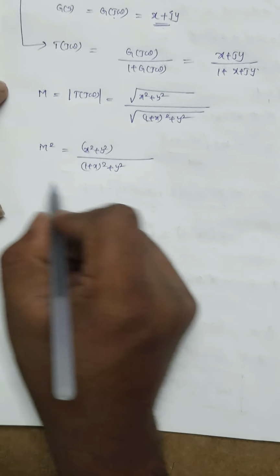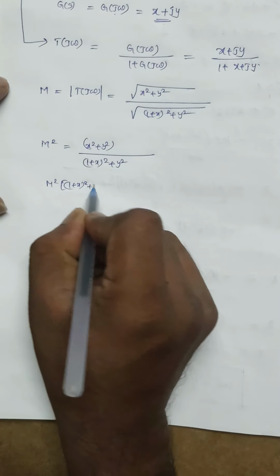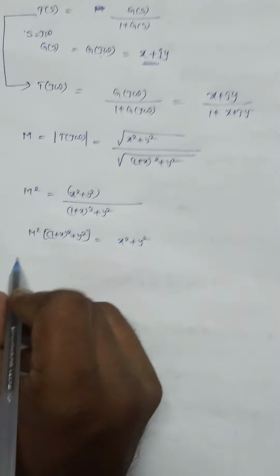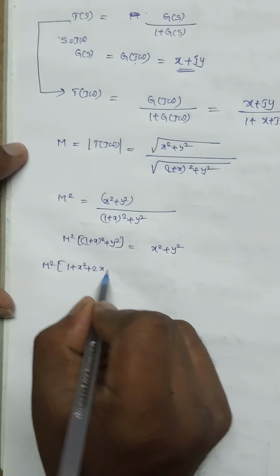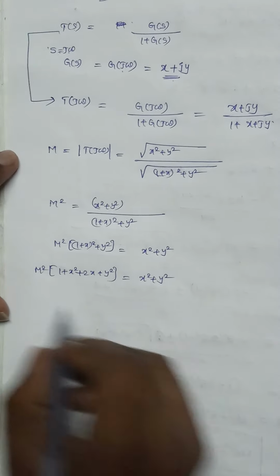Multiply this: M square into (1 plus x) whole square plus y square is equal to x square plus y square, and M square into 1 plus x square plus 2x plus y square is equal to x square plus y square.